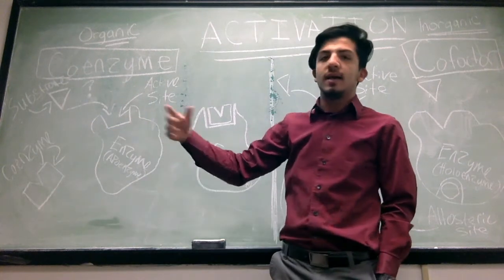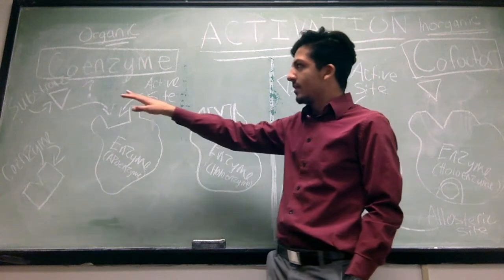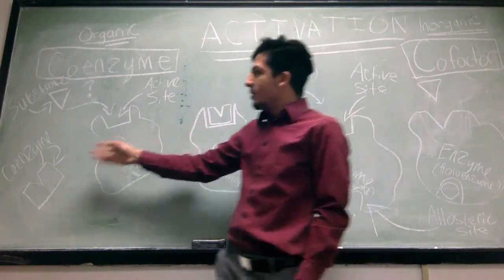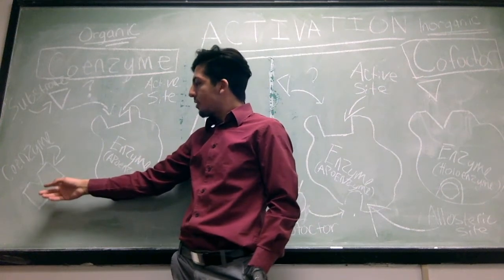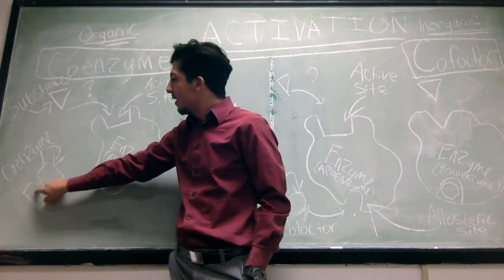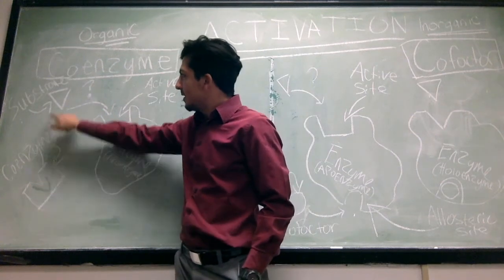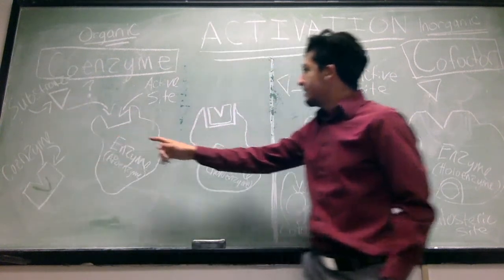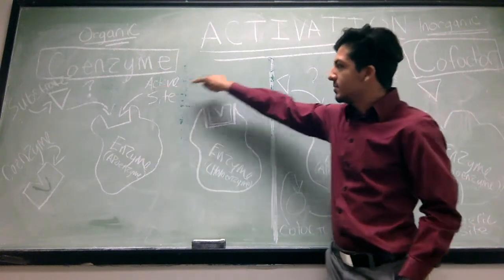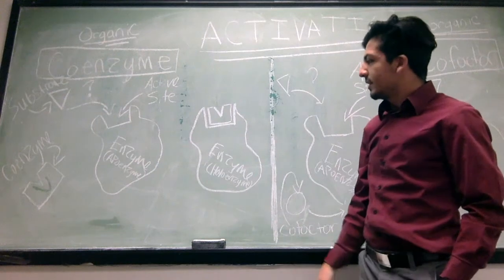So in order for the substrate to be able to fit into the active site, you would need a coenzyme, which goes into the active site. And as you can see, it's the shape of the substrate. So once it comes inside, then that substrate will be able to fit in here.